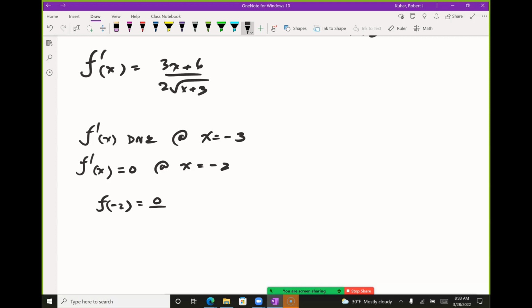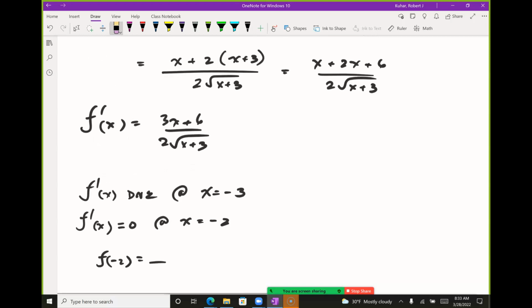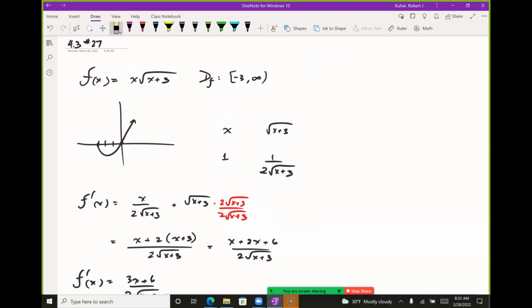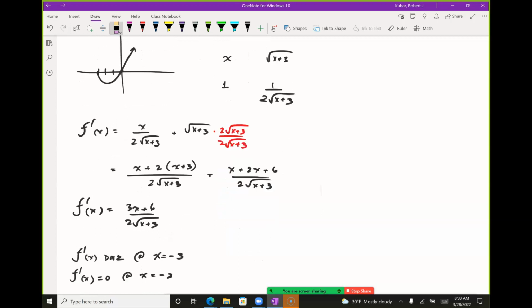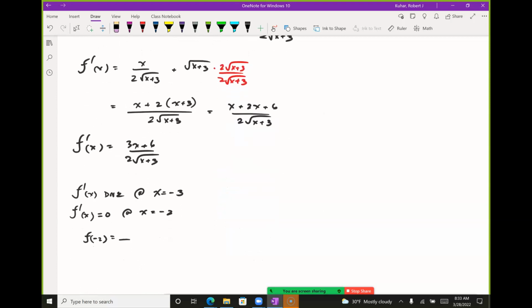I want to plug it into the original function, right? So it's -2 times the square root of -2 plus 3. So that's -2 times the square root of 1, that's -2. Okay, that's important for me because I think that could be a local min or max now, right?